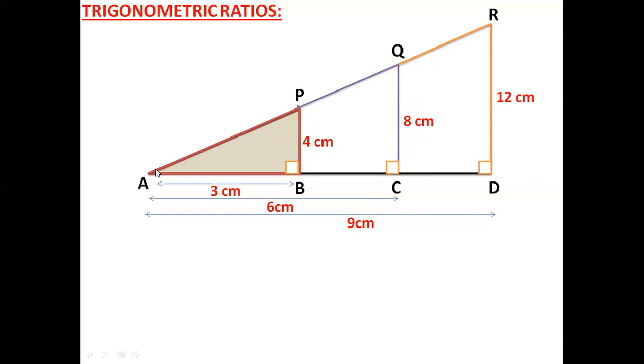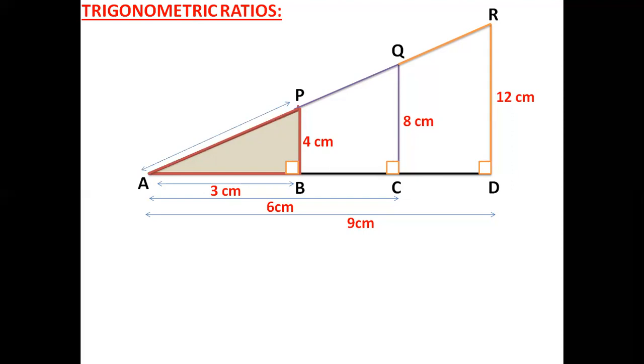We don't know AP. Here in this right angle triangle, AP is called the hypotenuse because it is opposite to 90 degrees. Now you have to find the length of hypotenuse AP. How can we find AP? By using the Pythagoras rule.